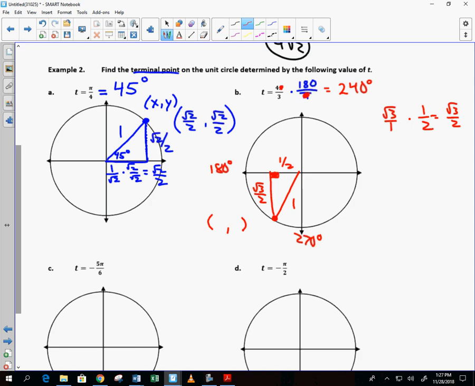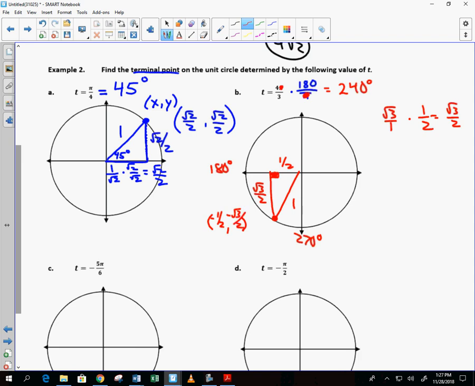So I'm going to name this coordinate. How far do I go in the x direction? Close. Not 1/2, but negative 1/2. Negative 1 over 2. How far do I go in the y direction?